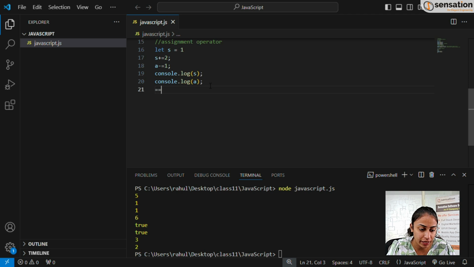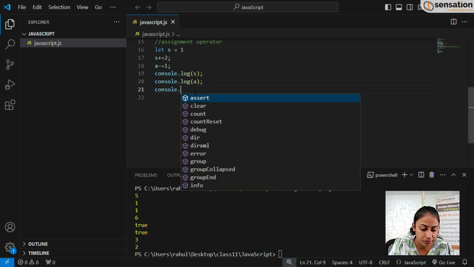Another part is double equals and triple equals. Double equals checks whether the values are equal, and triple equals checks whether both the value and data type are equal.